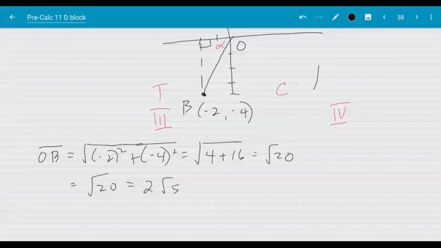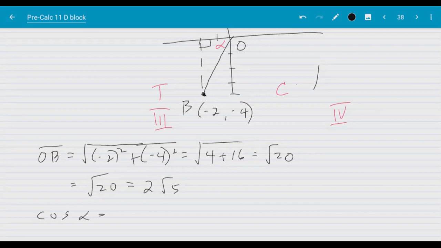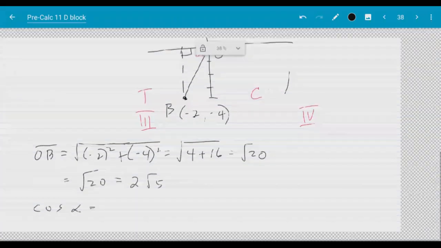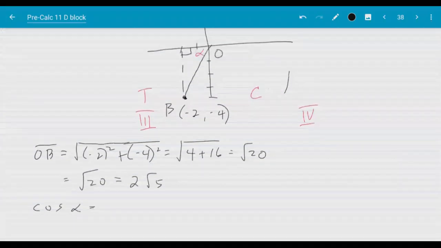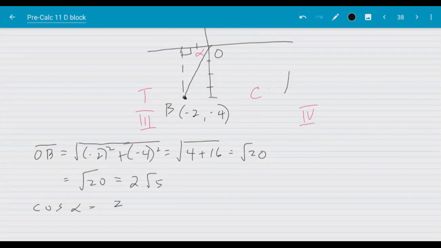Therefore, we can now proceed to get cosine of alpha, which is going to be the adjacent side, which is this one. All right? And how long is that in terms of length? That would be 2, and the hypotenuse is 2 root 5, so 2 over 2 root 5 simplifies to 1 over root 5.